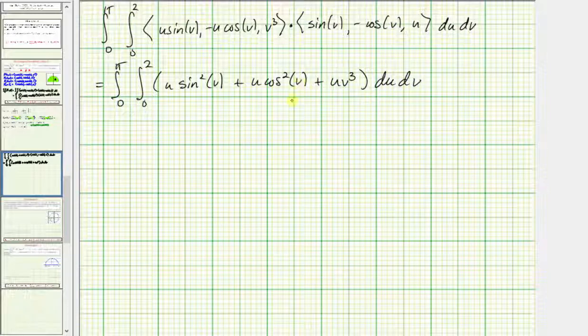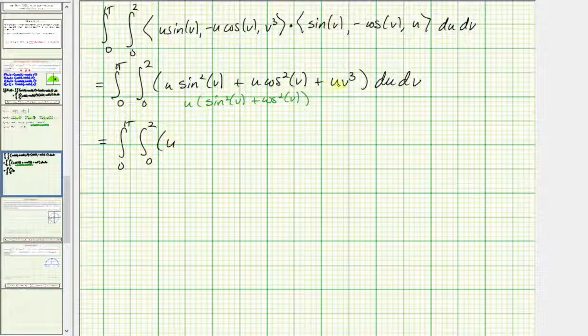But notice how for these two terms, again, if we factor out u, we'd have u times the quantity sine squared v plus cosine squared v. So this would simplify to just u times 1. So we finally have the double integral of u plus u v cubed.